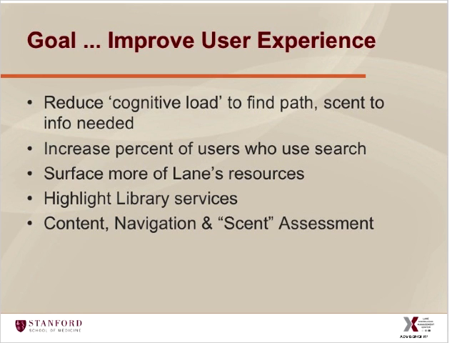These are our goals. Reduce the cognitive load, that is, reduce the amount of reading that somebody has to do. Increase the percent of users who use search, because there's only so much browsing you can do when there's a lot of stuff out there that you don't even know is there. Another side of that is to surface more of the library's resources.